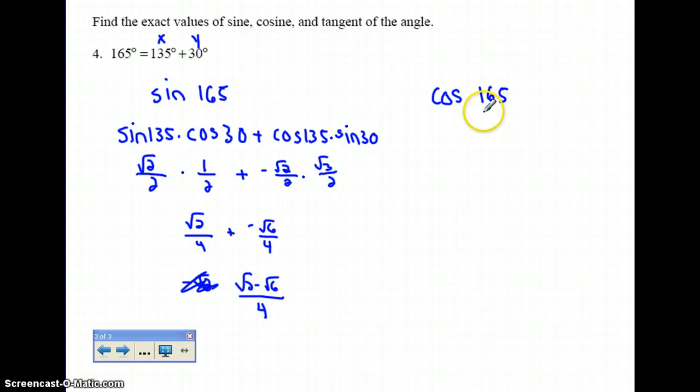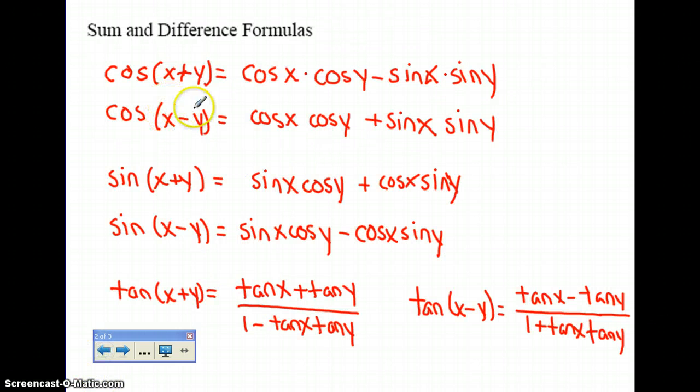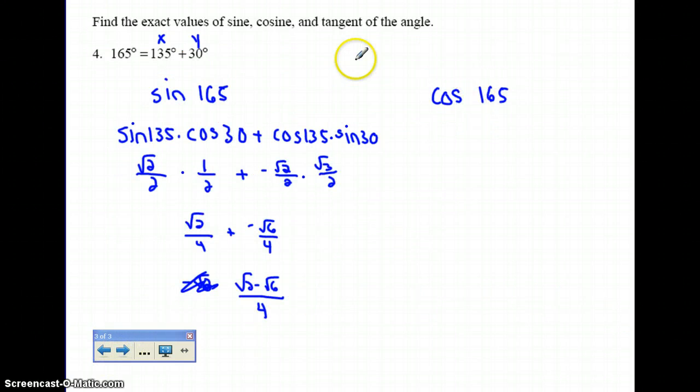So let's look at the cosine of 165. This is the sum, so it's going to be cosine x cosine y minus sine x sine y. This is still going to be x and y. So I'm going to have cosine of 135 times the cosine of 30 minus the sine of 135 times the sine of 30.